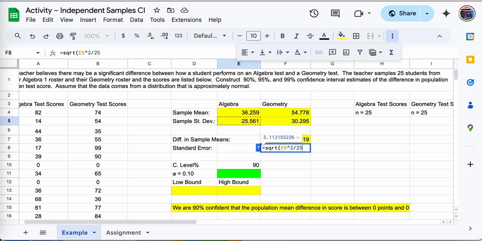All right, order of operations is going to take care of the exponent first, and then do the division. So then plus, I'm going to take this entry, square it, and divide by 25 also. If there are differing numbers of values in each column, then you would account for that here. So if there were only 10 values in this column, then this 25 would be a 10. All right.